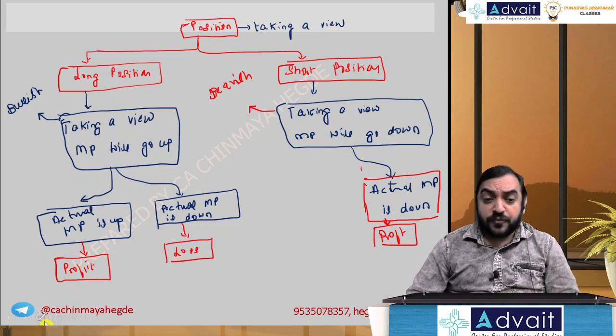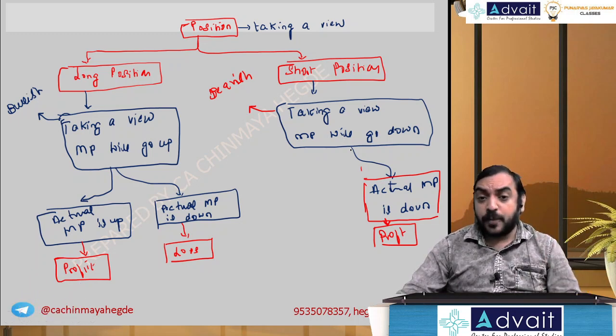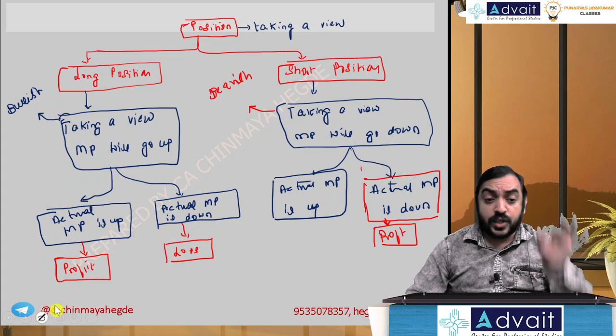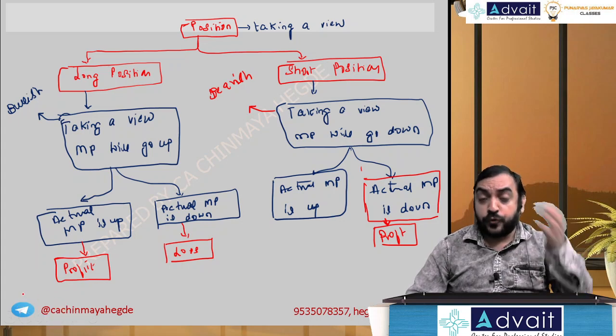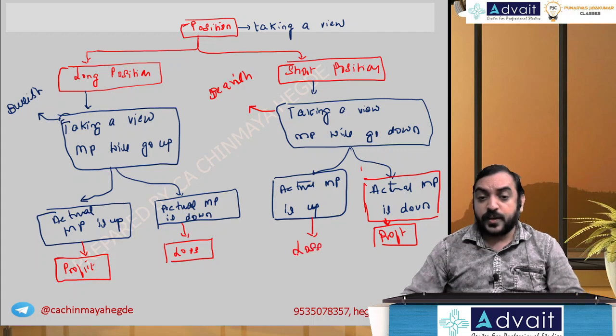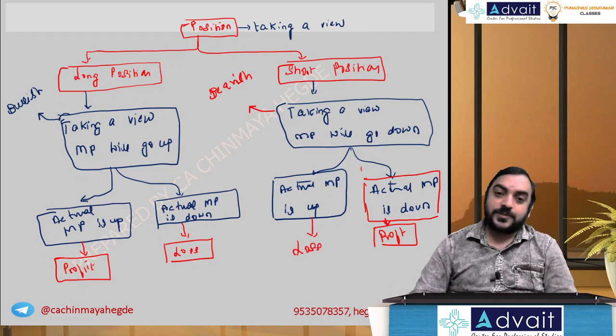Now if the market price is up, what will happen in a short position? The actual market price is up. You are expecting the market price to fall, but the market price went up against your expectation, so you end up making a loss.